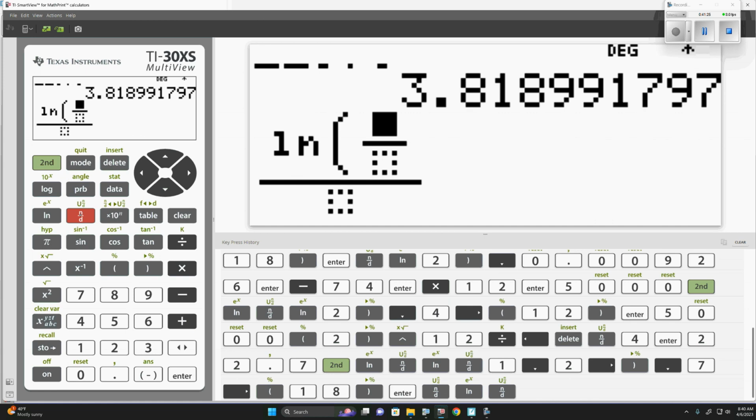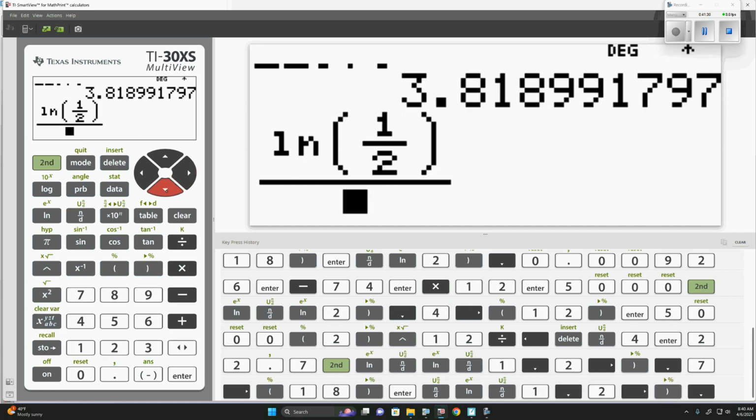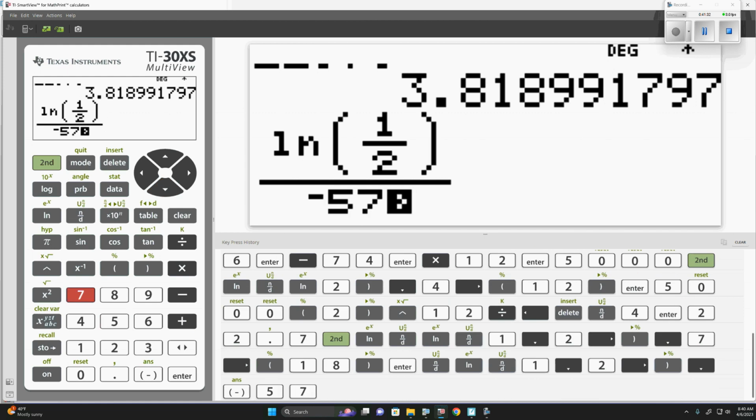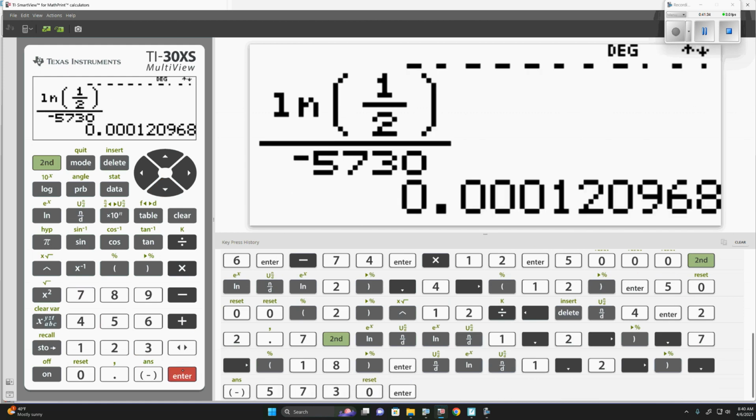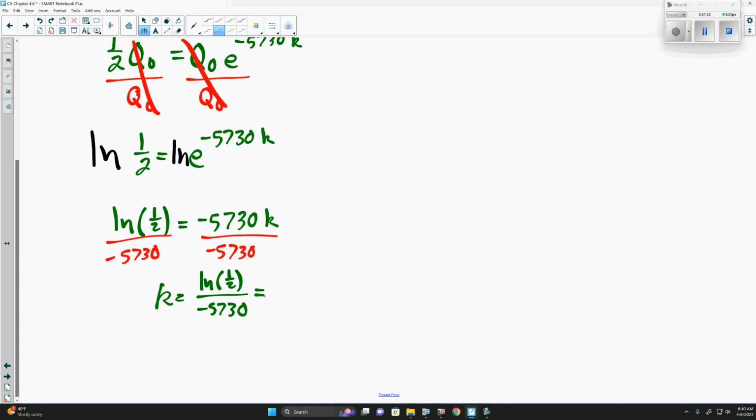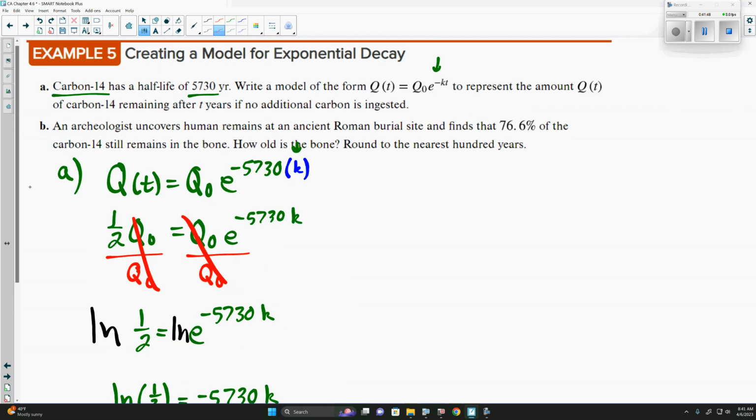Natural log of 1/2 divided by negative 5,730 is 0.00012, our value of k.